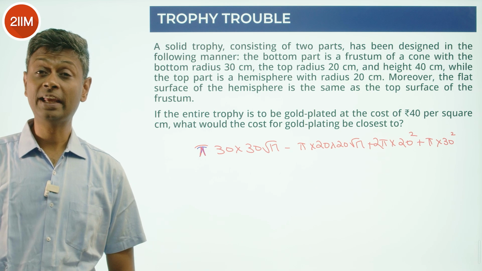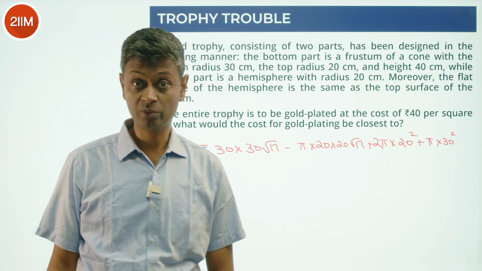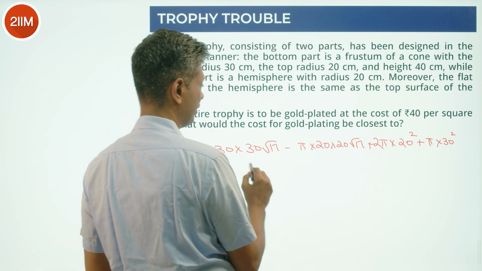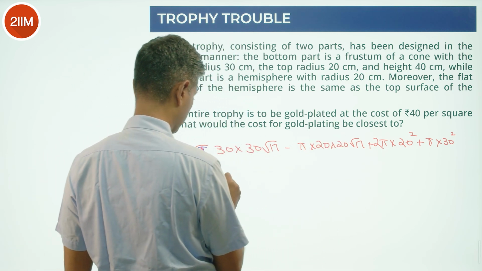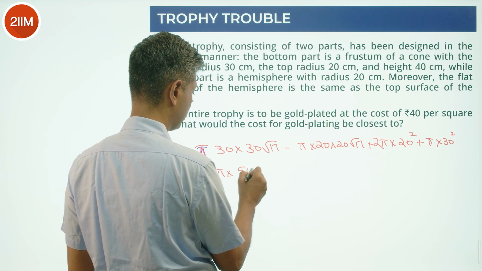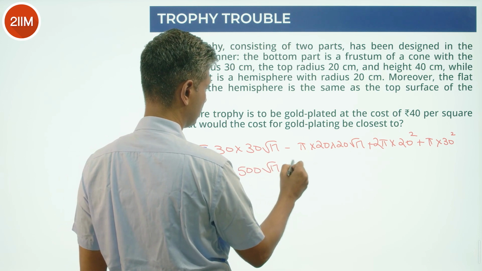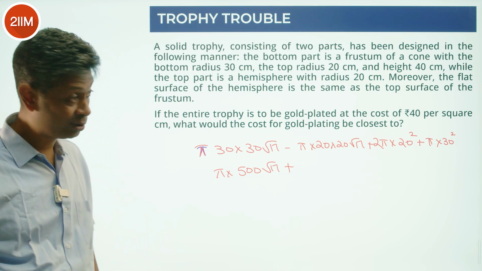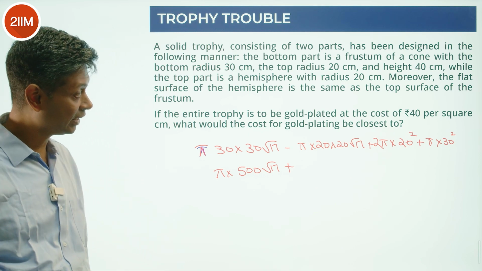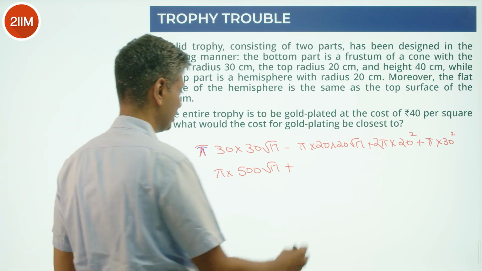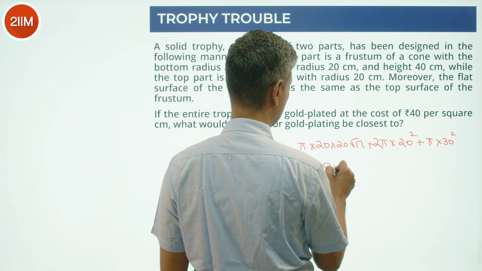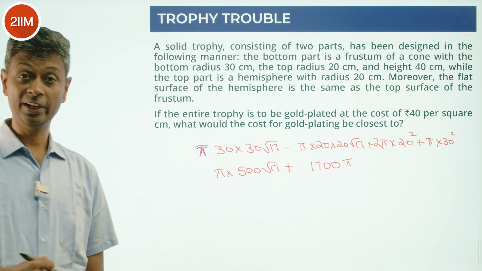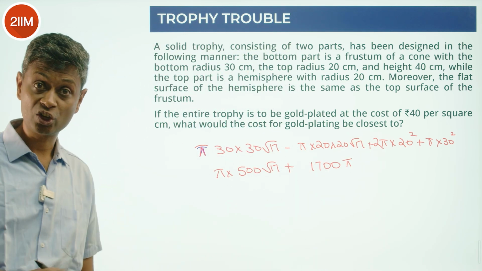This whole area into 40 rupees is what we need to find. Right, so 900 root 17 minus 400 root 17 is 500 root 17, plus 20 square is 400, 400 into 2 is 800, 800 plus 900, 1700, plus 1700, pi by total area. This into 40 is what we need to find.